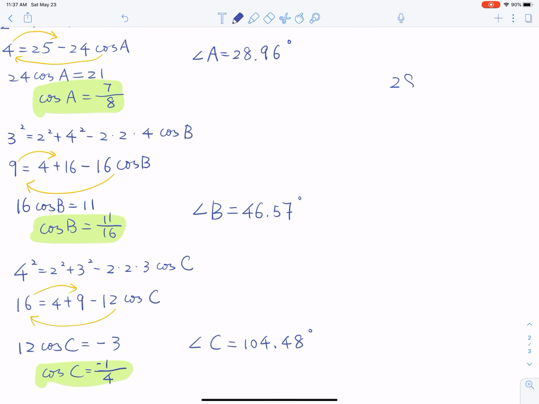We need to, boom. 28.96 plus 46.57 plus 104.48 gives 180.01 degrees. So we are pretty much right, because we round, so we get a 0.01 difference.